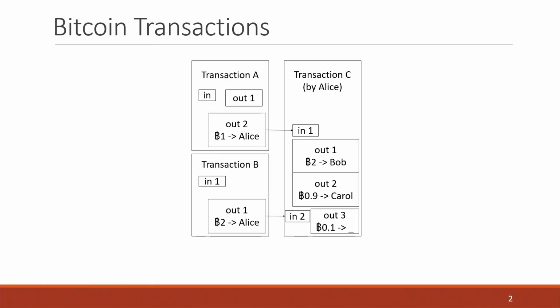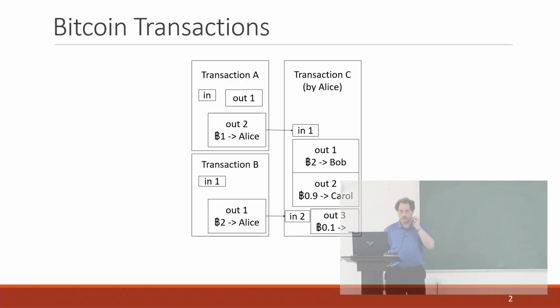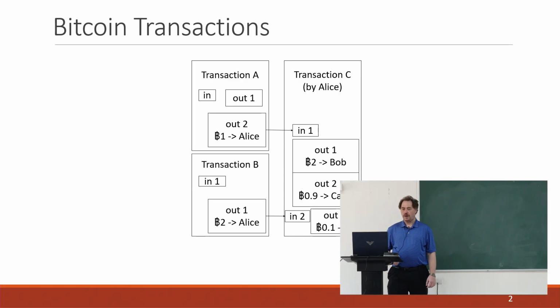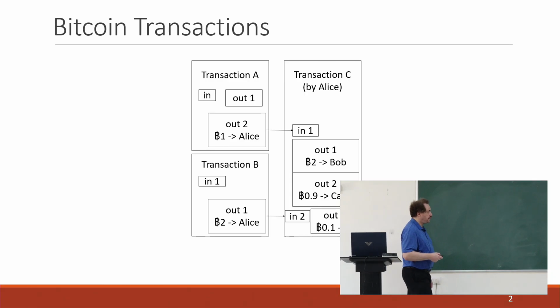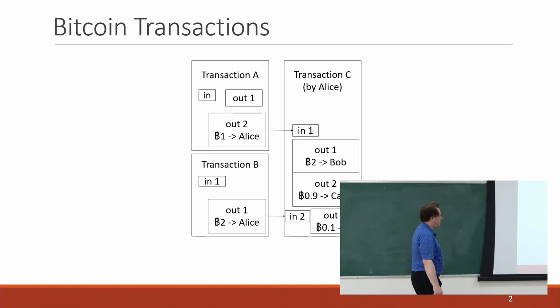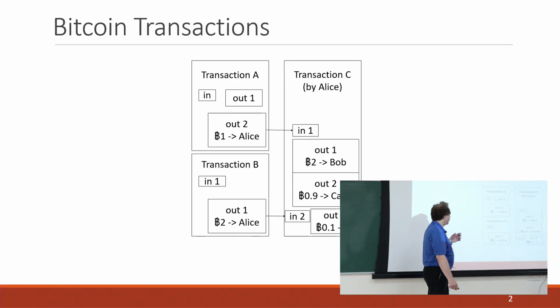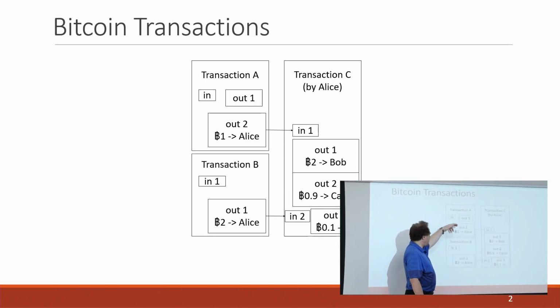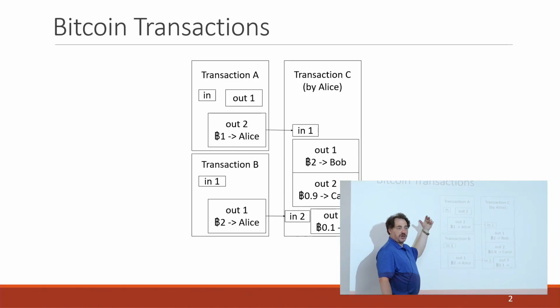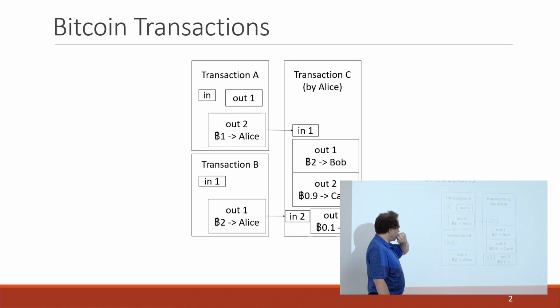So Bitcoin transactions. All right, so in this example, you can see three different transactions. Each transaction has inputs and outputs, which are encoded in a certain way, right?